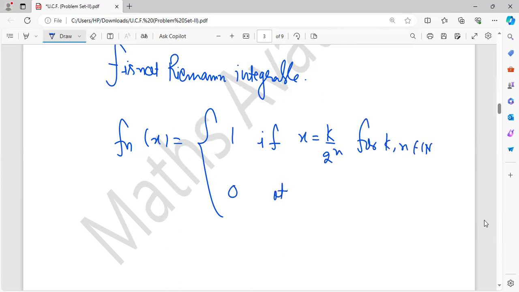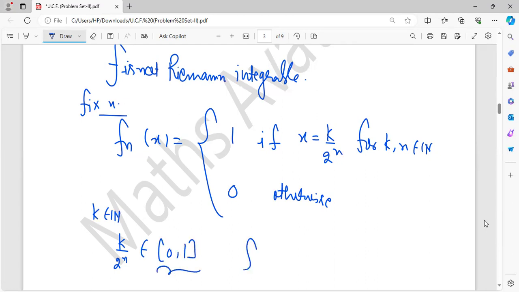And 0 otherwise. Now you see that, suppose I have fixed n. So this point k upon 2n, where k belongs to the natural numbers. What are the possibilities that this belongs to the closed interval [0,1]?